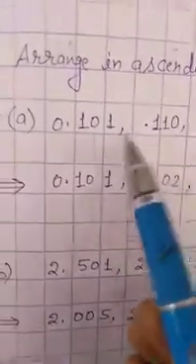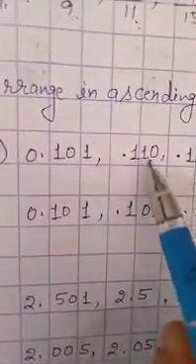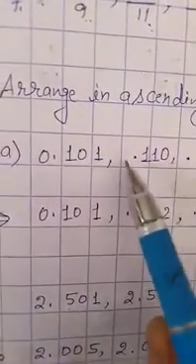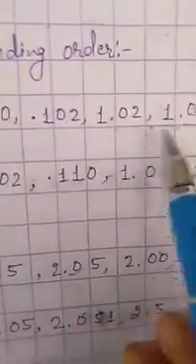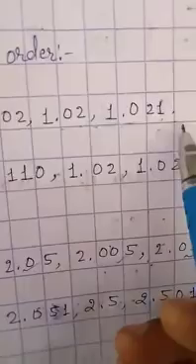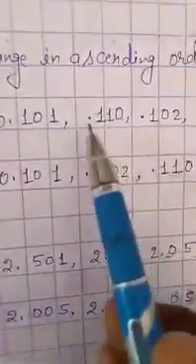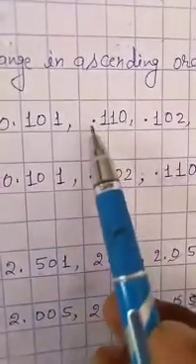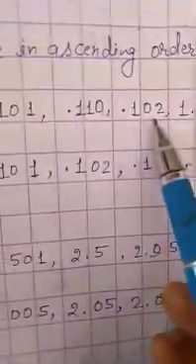The smallest number among these: this is 0.101, this is 0.110, this is 0.102, this is 1.02, and this is 1.021. We can see 0.10, 0.11, 0.102.